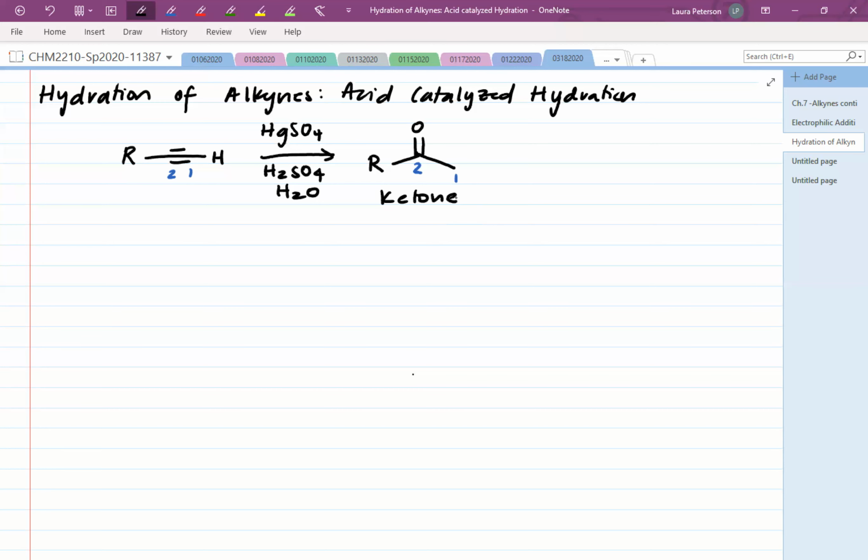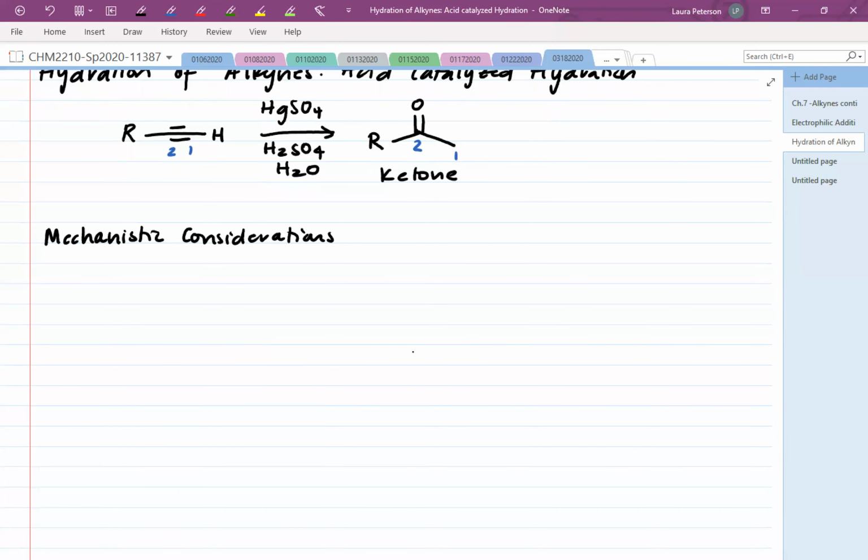Okay, so let's think about what some of the key mechanistic points are. How can I think about this reaction and why is it that I get to this ketone product? Let's label this as mechanistic considerations. We're not going to look at the whole mechanism. We're just going to consider what's governing the formation of the ketone product. So let's imagine that we were to do this reaction.